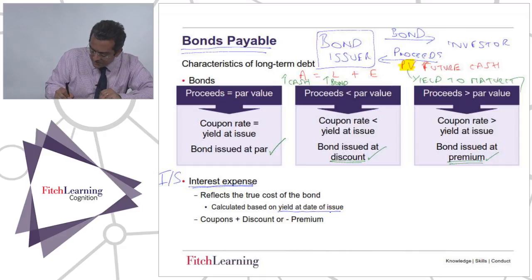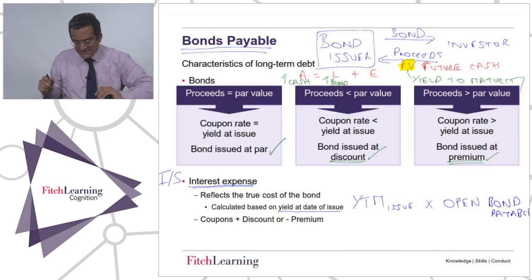So in any given period, the YTM, the yield to maturity at issuance, is used, and you multiply that by the opening liability, the opening position of the bond payable on a balance sheet. And as we'll see in a moment, that's how you work out your interest expense.